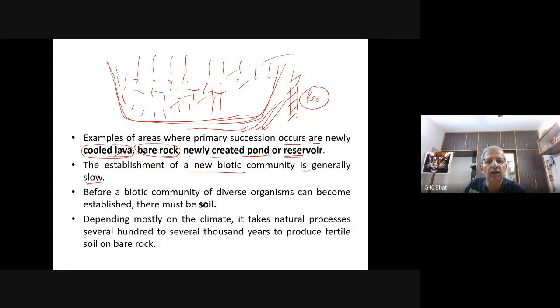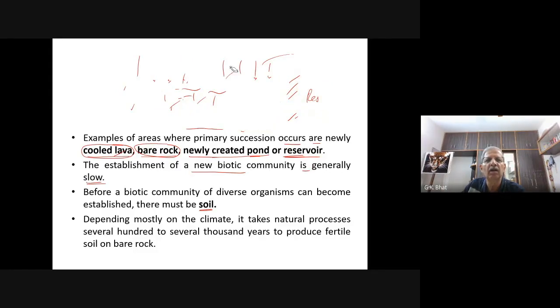Before a biotic community of diverse organisms can become established, there must be soil. Now, we are thinking about a bare rock area. You can't expect plants to grow immediately on the bare rock surface. The bare rock area should have a little bit of soil to accommodate small weeds.